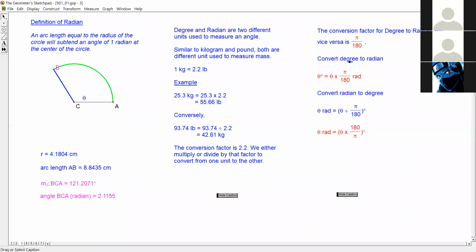If I want to convert from degree to radian, I multiply the angle by pi over 180. If I want to go from radian to degree, I divide by pi over 180, that is, multiply by 180 over pi, and I convert it back to degree.